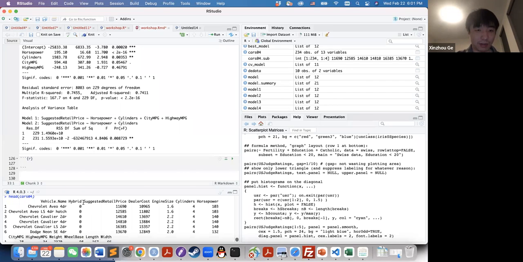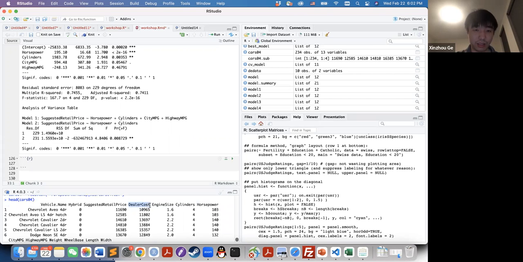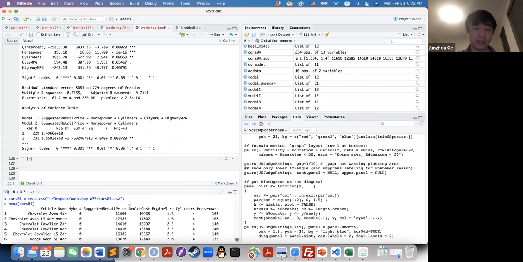Okay, we want to predict suggested retail price using all other predictors. We don't want to use dealer cost because I think it is too similar to the response, so I will use all the other ones: engine size, cylinders, horsepower, city MPG, highway MPG, weight, wheelbase, length, and width. I will use all the predictors other than dealer cost.